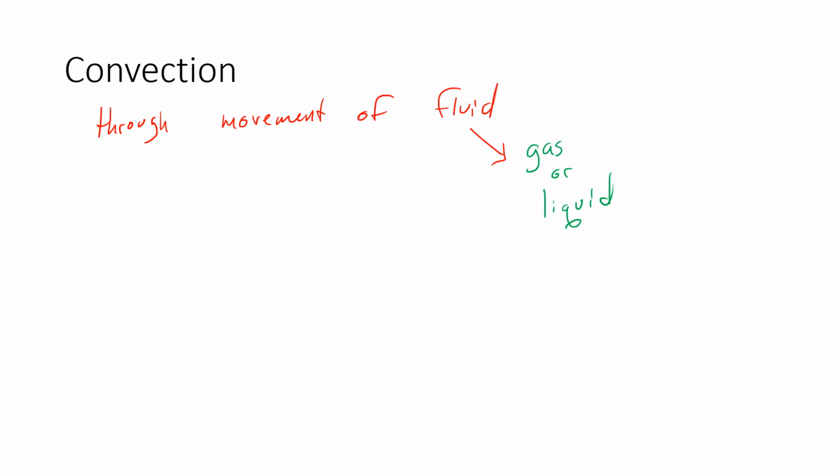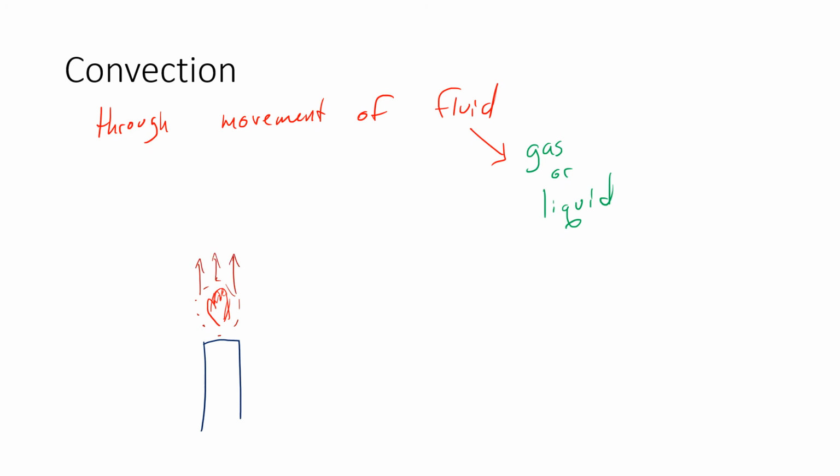So let's talk about convection. So here's a candle. The candle is on fire. So there's the fire. It's gorgeous. All right. What's going to happen is the candle is creating heat. The air is going to get hot around here. But the fluid is going to move. The fluid is going to rise.